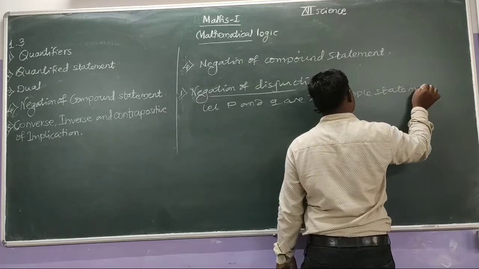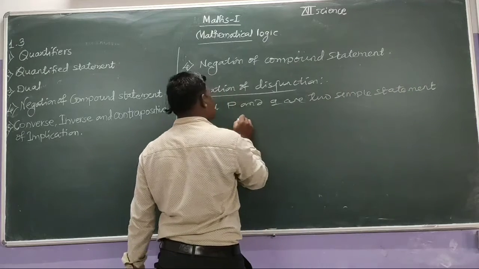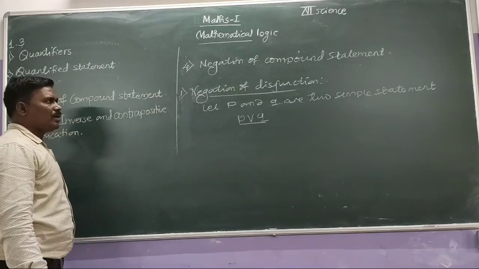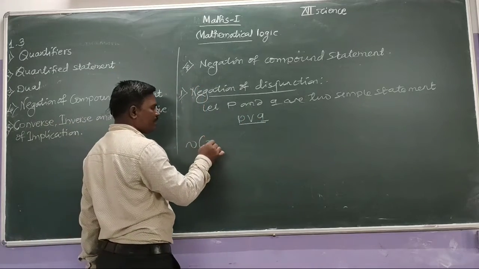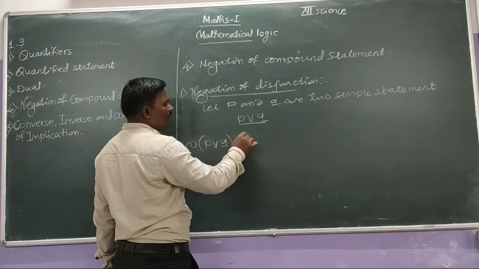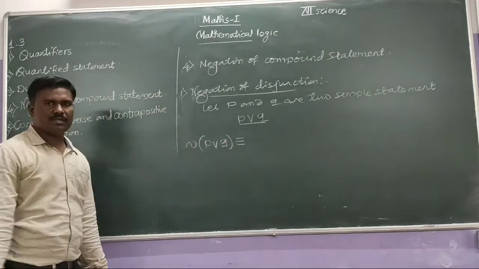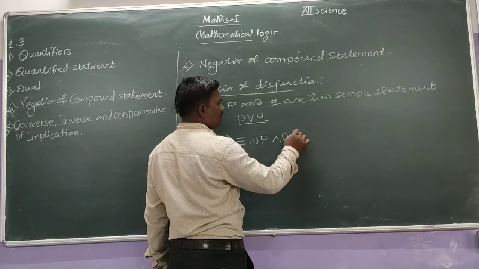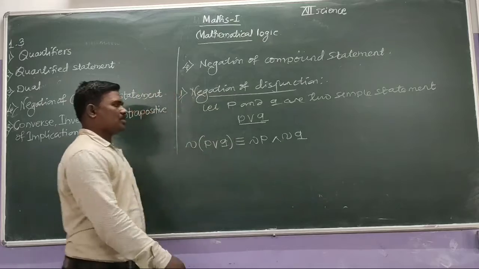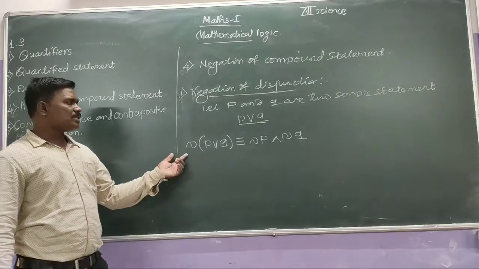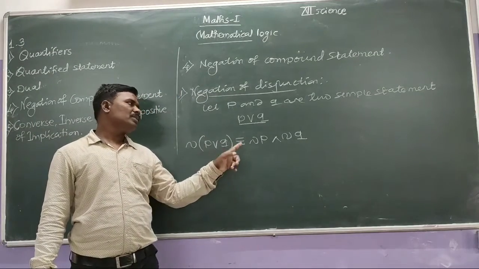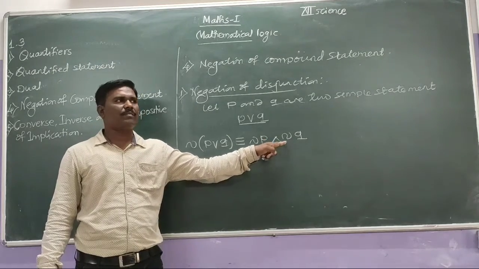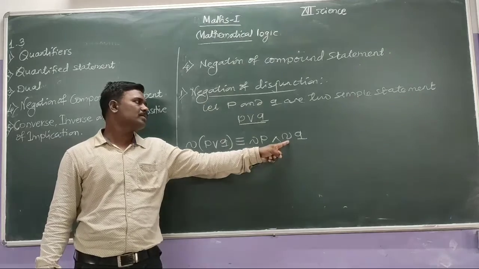Then its disjunction is p disjunction q. Take its negation: negation of p disjunction q is equivalent to negation of p conjunction negation of q. That means the negation of the disjunction of p and q is equivalent to the conjunction of their negations, that means negation of p and negation of q.